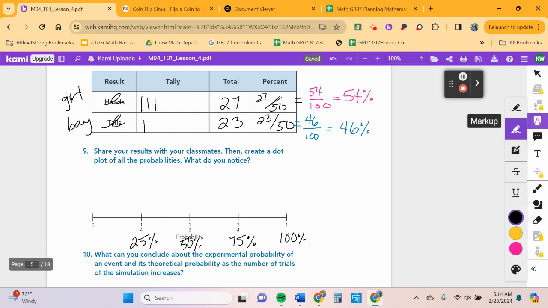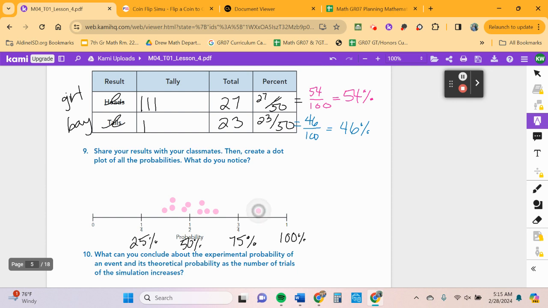So our numbers, we wanted to predict the probability of our coin choosing female, was 54%. So that's laying somewhere around here. Now, if we did have multiple sets of data, you might notice that your dot plot might look something like this, potentially, where we're just estimating where those percentages are.